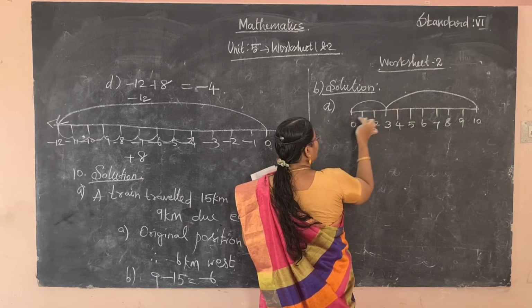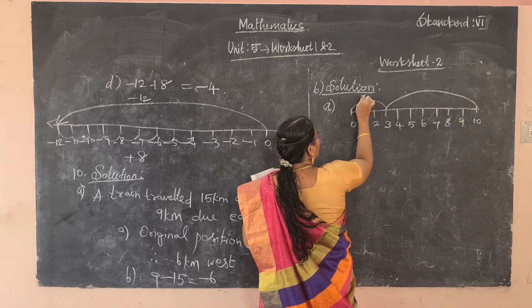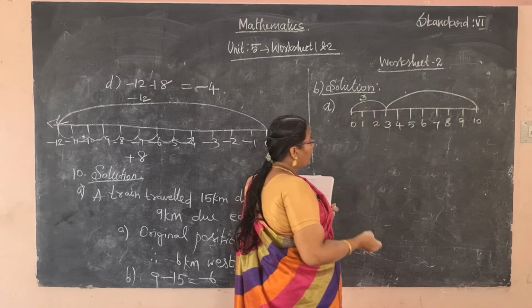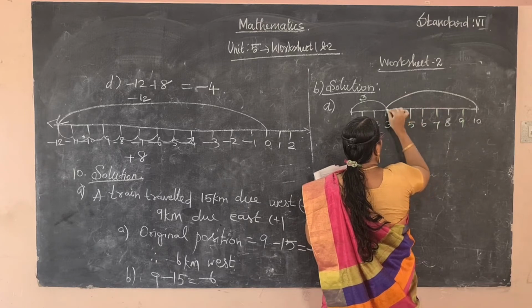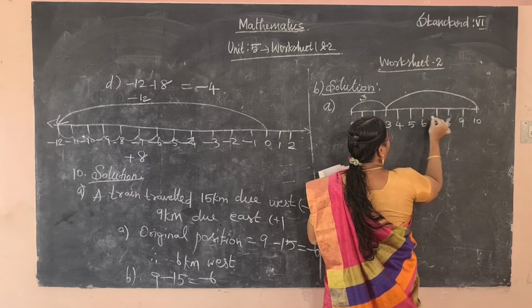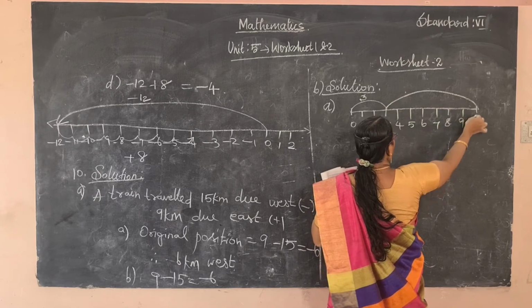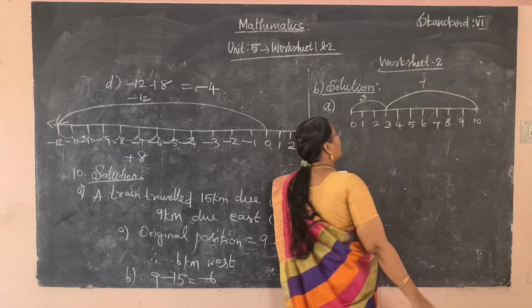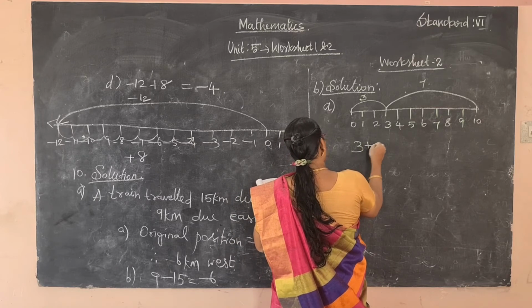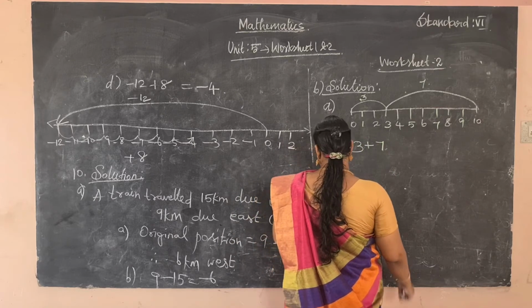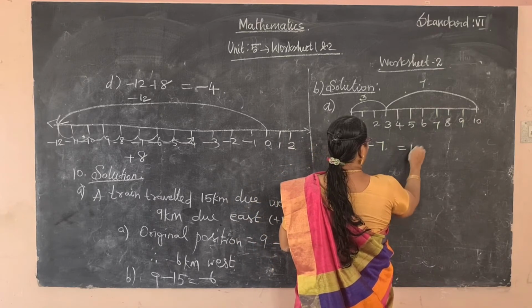So how many units are there? 1, 2, 3. So 3. And next one, from the 3, how many units are moved? 1, 2, 3, 4, 5, 6, 7. So the number statement is 3 plus 7. What we get? 10.